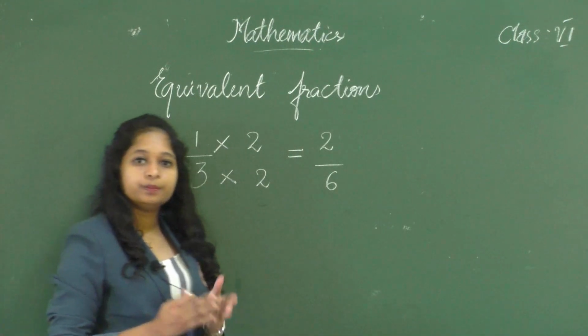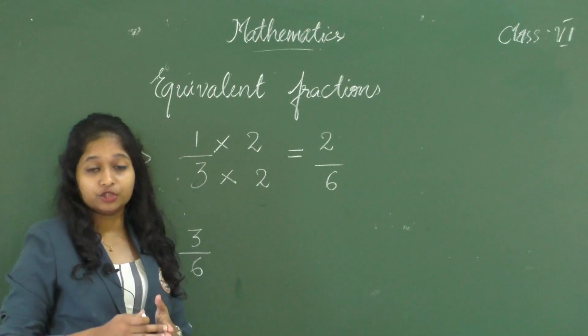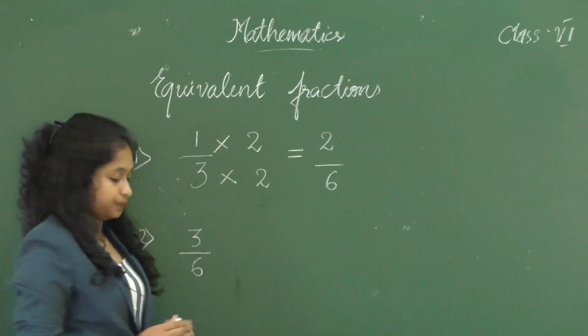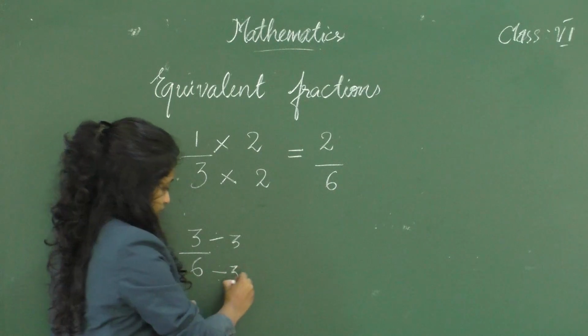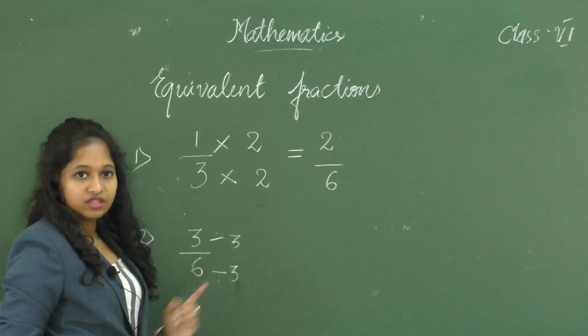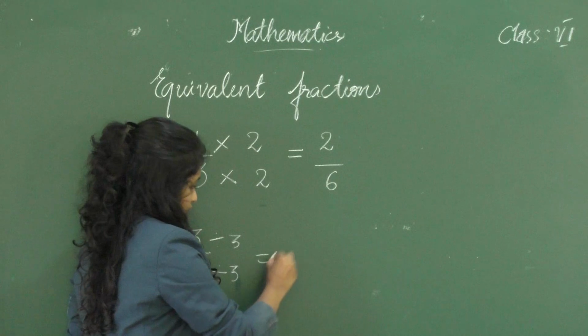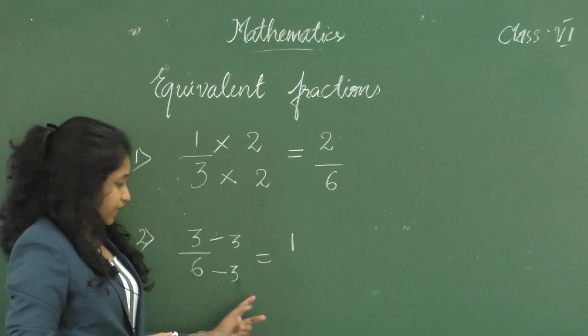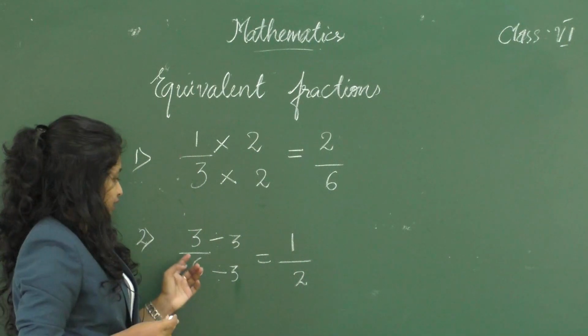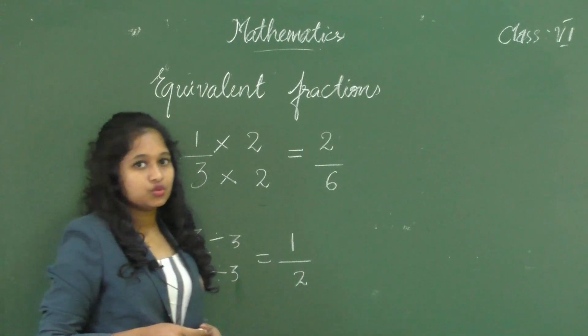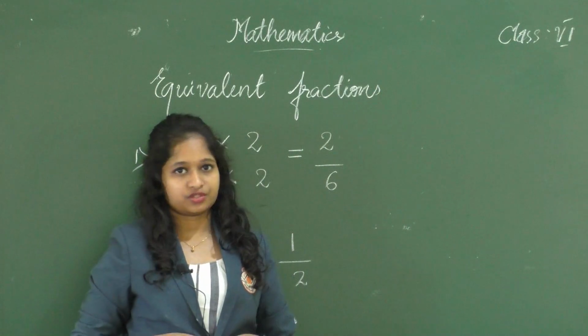Let me divide both the numerator and the denominator by 3. So when I divide by 3, 3 by 3 is 1 and 6 by 3 is 2. Therefore, 3 by 6 and 1 by 2 are equivalent fractions.